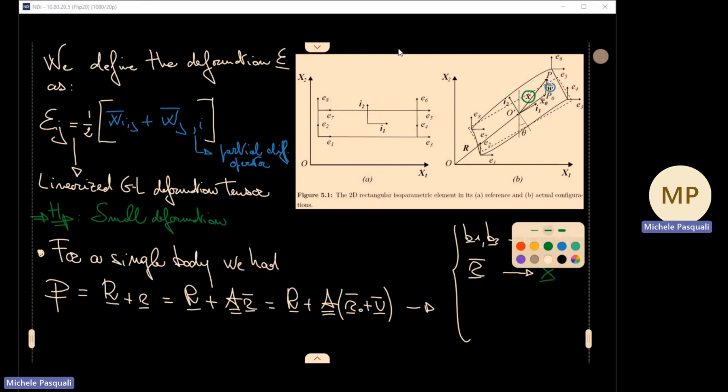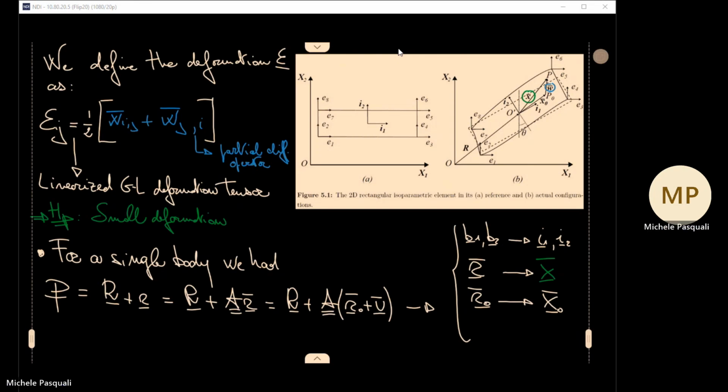And we have, of course, that R0, without much surprise, becomes X0 over bar. And finally, our U over bar becomes our W over bar vector.